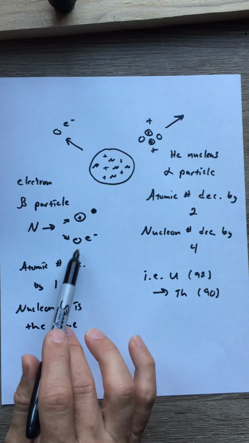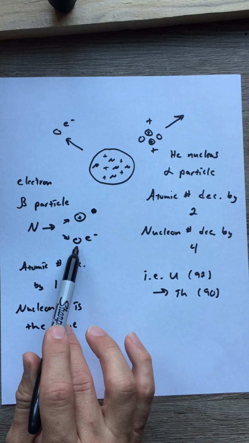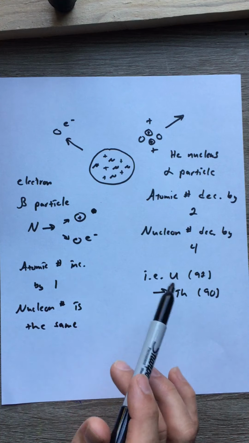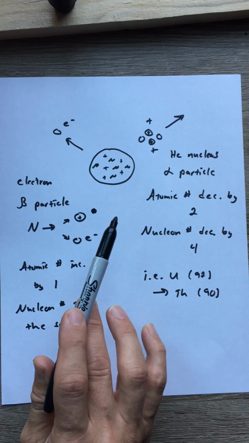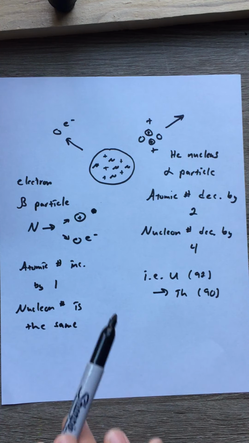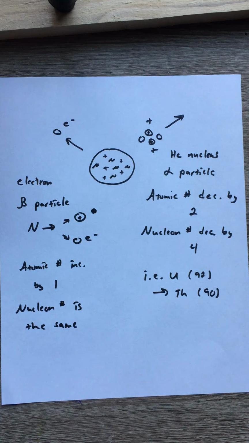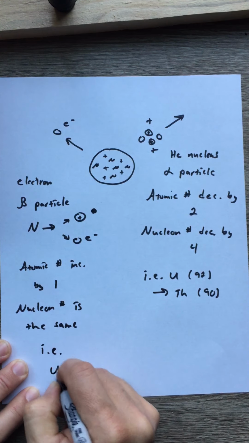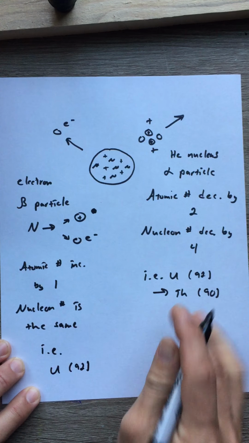It becomes a proton by releasing this electron, which then flies out of the nucleus at high energy, again able to be captured and turned into energy if you so desire. But this is the beta process. As an example, let's go back to uranium, which has an atomic number of 92.